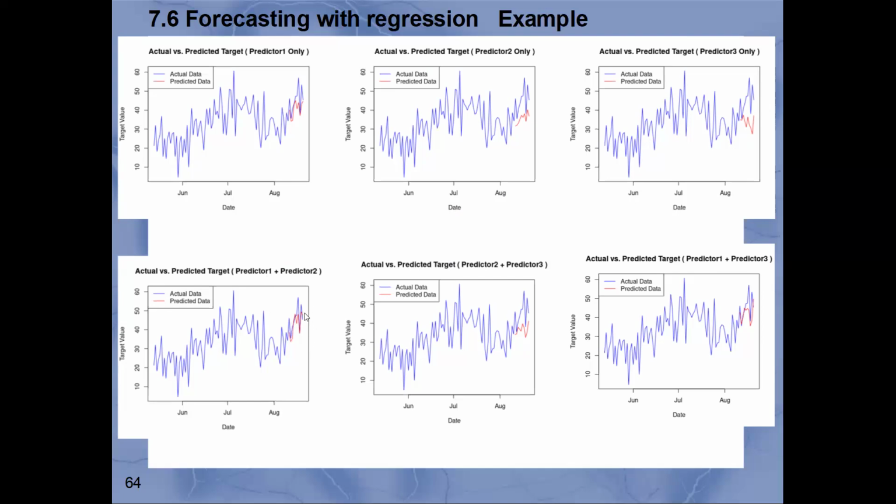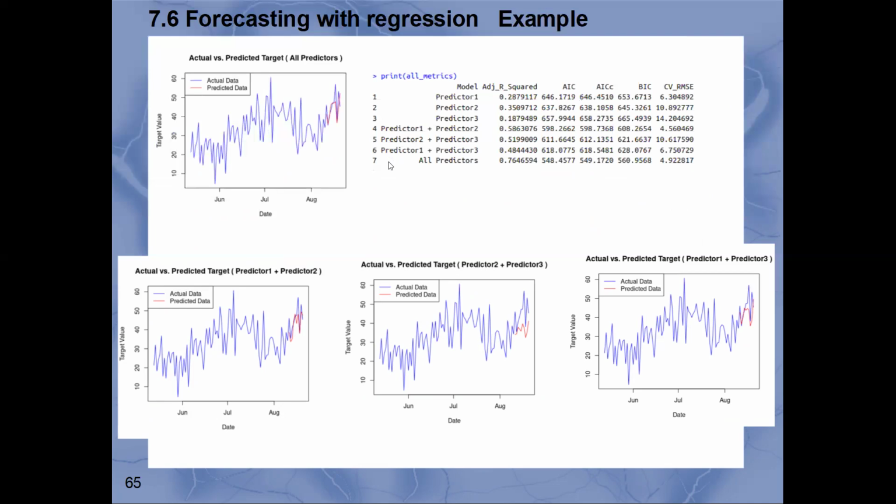It looks like 1 and 2 did pretty well, and 1 and 3 did pretty well. I think this isn't surprising since 1 did pretty well by itself. So the fact that 1 and 2 and 1 and 3 did pretty good may just be that predictor 1 was really, really important.